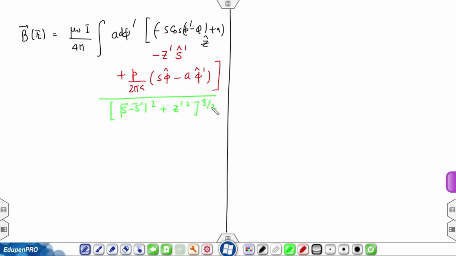This is what I should be calculating, and then once I have gotten this, the net B total at R will be given by this B that I have written above, dz prime from minus infinity to plus infinity. That will be my answer.